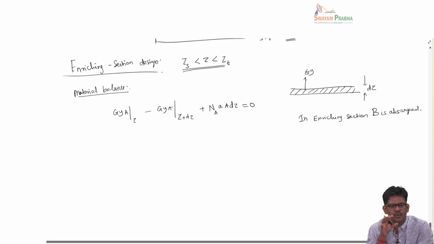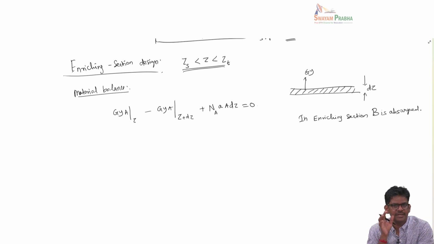So we have to write this equation as if for B it is an absorption. But at the same time, this is an equimolar counter diffusion. If B is diffusing from vapor to liquid, equal moles of A will diffuse in the opposite direction. That's what equimolar counter diffusion means.